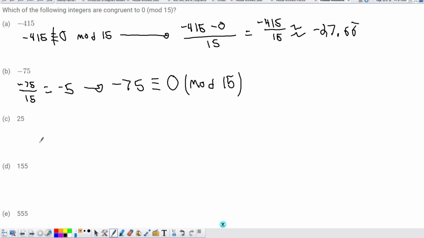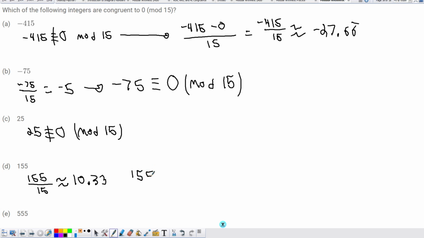There's no way we can evenly get to 25. So 25 is not the same as 0 mod 15. Then 155 divided by 15 is about 10.33, so 155 is not the same as 0 mod 15.